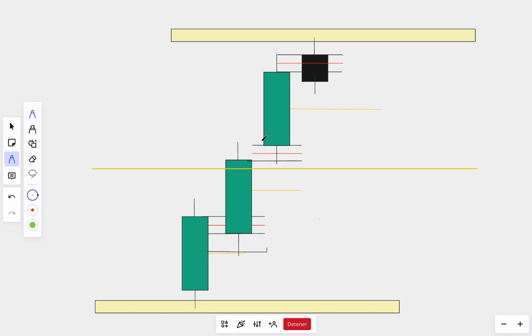So what I'm expecting, I have this event horizon, and between this level and this, the 50% is another fractal event horizon between these two gaps, but I'm not expecting to come back to this deep discount.